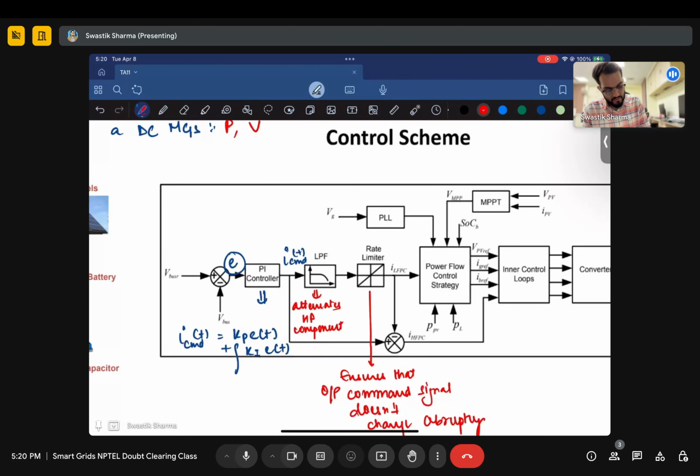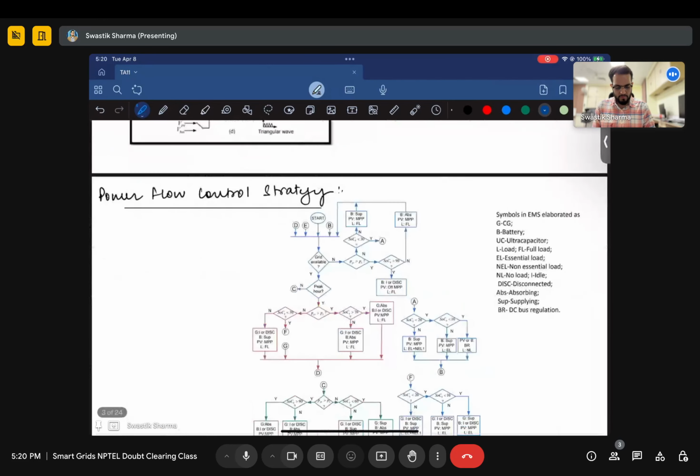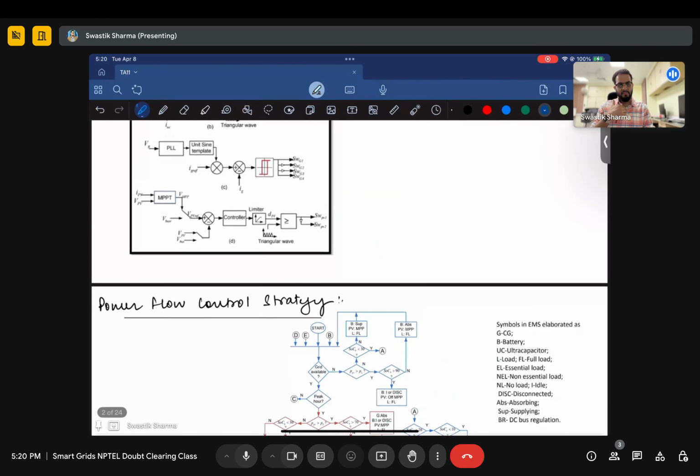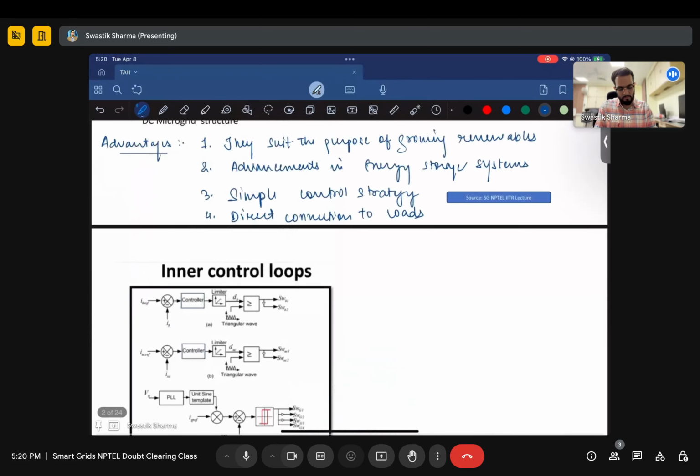Now we send this low pass filtered current component command signal to your power flow control strategy. This power flow control strategy is a block, right? We will discuss what it is later, but just assume for a moment that it is a black box.